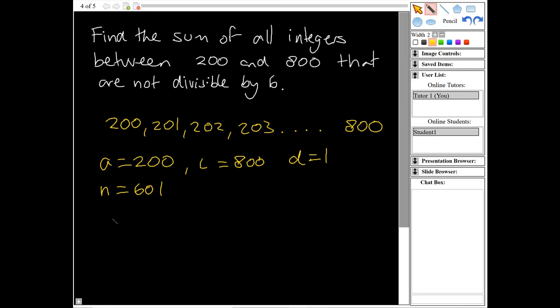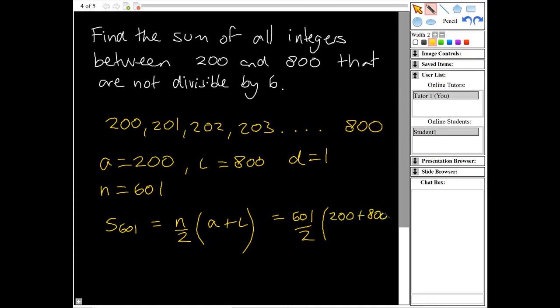So the sum of those 601 terms is going to equal N over 2 and then A plus L. So it's going to be 601 divided by 2 and then 200 plus 800.